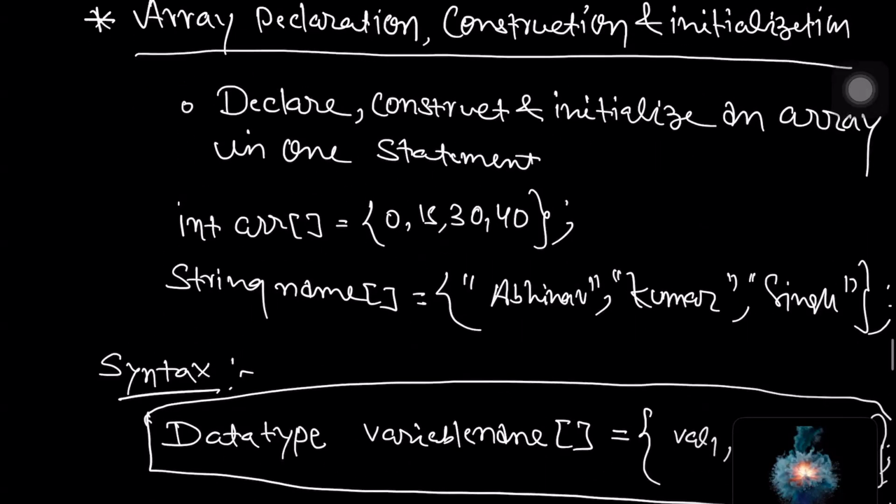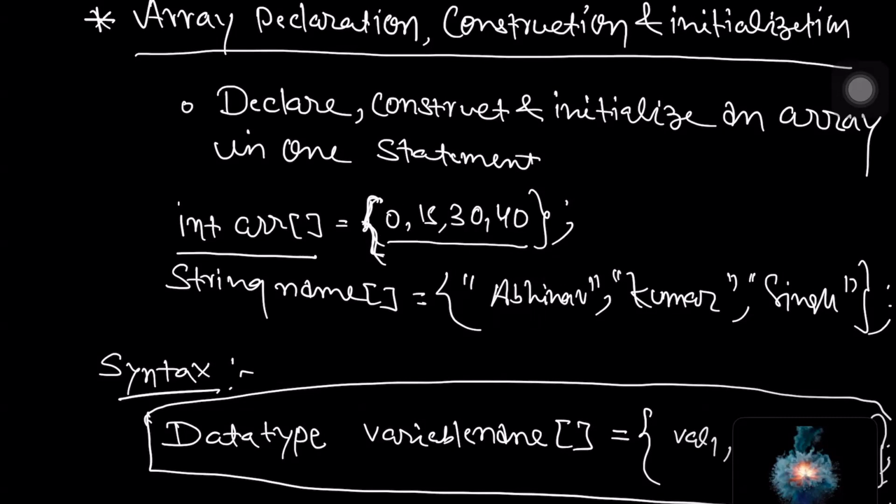So if you want to initialize the array at the time of declaration, you have to follow this syntax. You declare an array, int arr, then equal to, then curly braces open, curly braces close, and you don't have to specify the size. You just have to mention whatever values you want to store in the array.